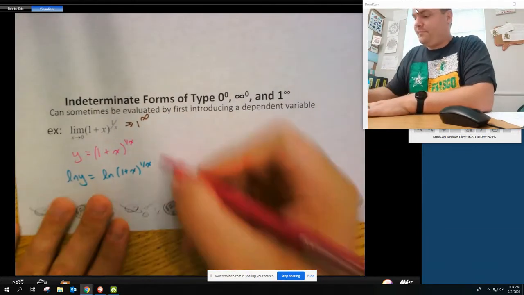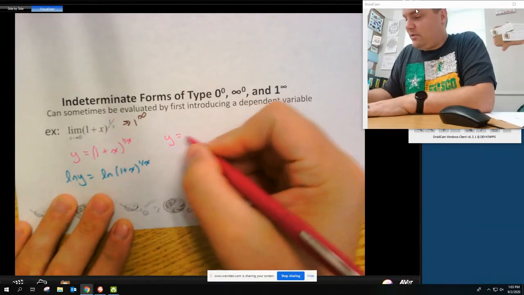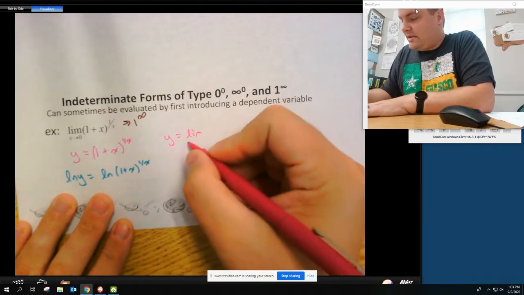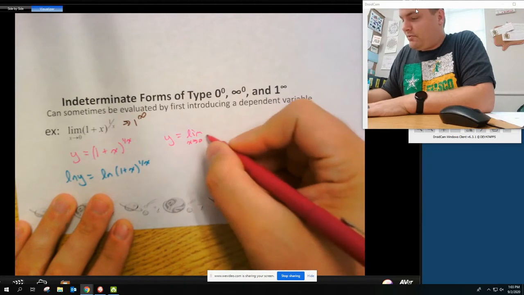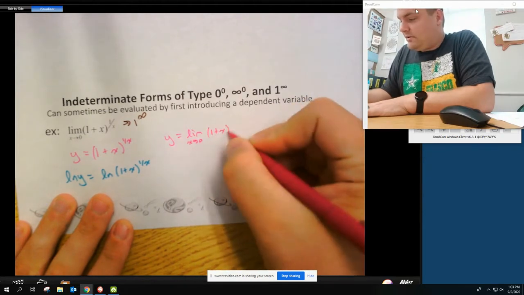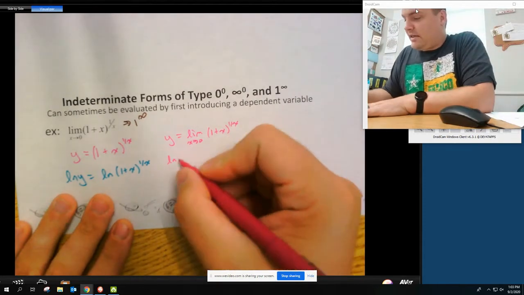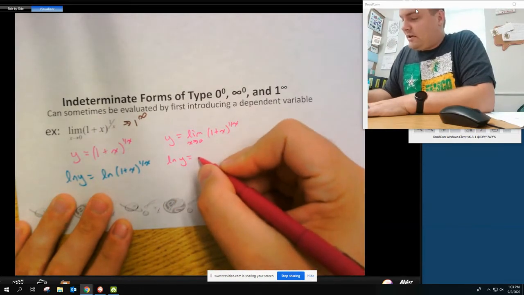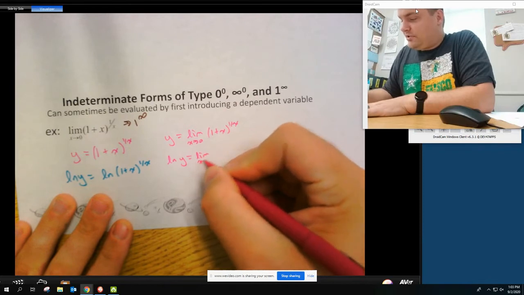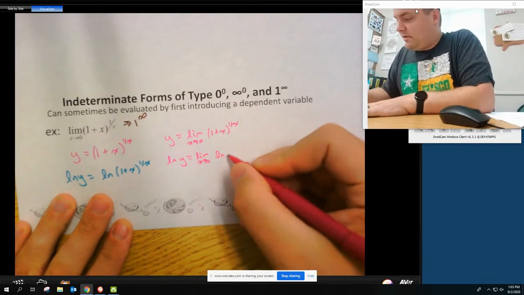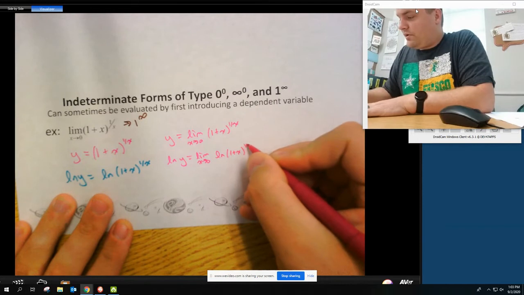So let's go ahead and see what this is going to look like when I start working from here. So let's let y equal the limit as x approaches 0 of 1 plus x to the 1 over x. When I take the ln of both sides, I'm going to get ln of y equals the limit as x approaches 0 of ln of 1 plus x to the 1 over x.